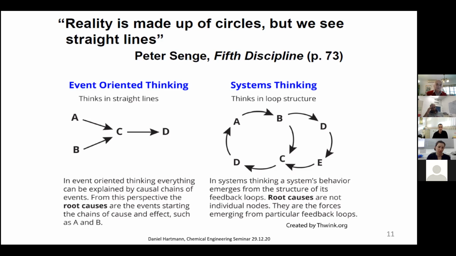Our evolution brought us to think linearly, and we have event-oriented thinking. But for the modern world that we live in, which is a very complex world, we need a different way of thinking: system thinking. System thinking also includes thinking in loops, control loops with feedback, and so on.